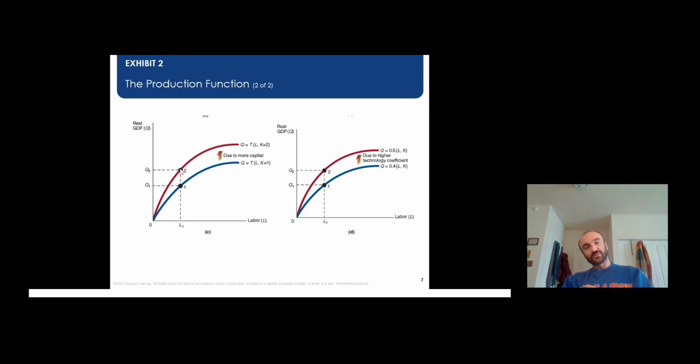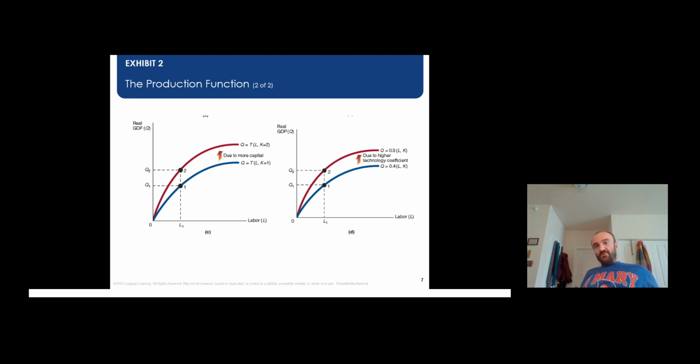So then the total value of output will be greater: at the level of labor force employment L1, instead of Q1 you will have Q2. You will produce more if you have more capital goods, and then the entire curve shifts upward. If you have more capital goods, you will be able to produce much more with the same amount of labor than before. This is one of the ways in which you can shift the production function curve, by increasing the amount of capital investment.